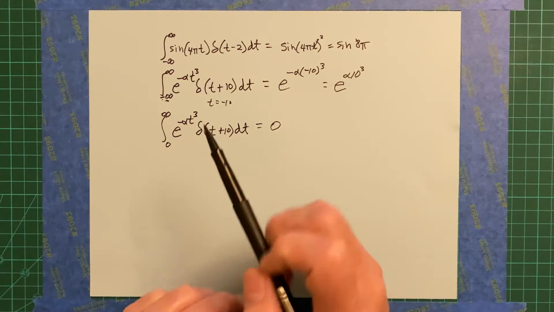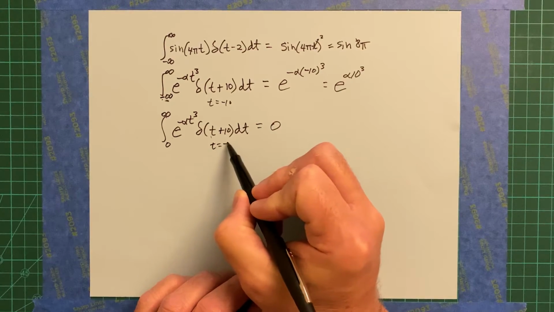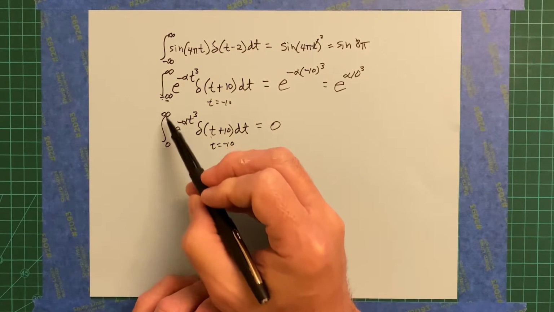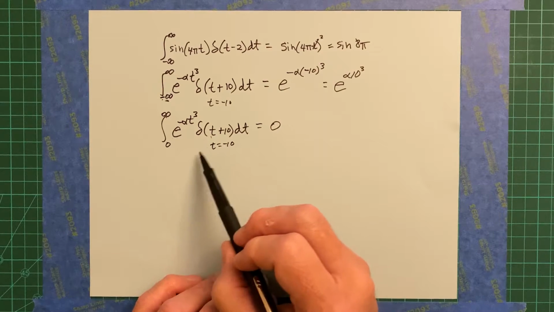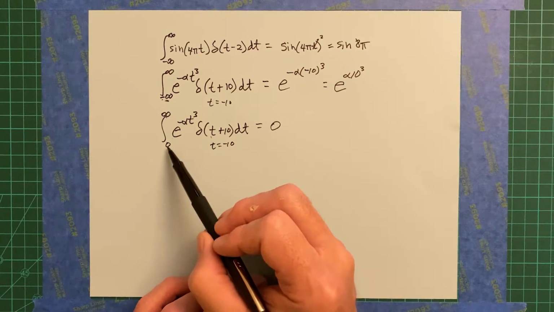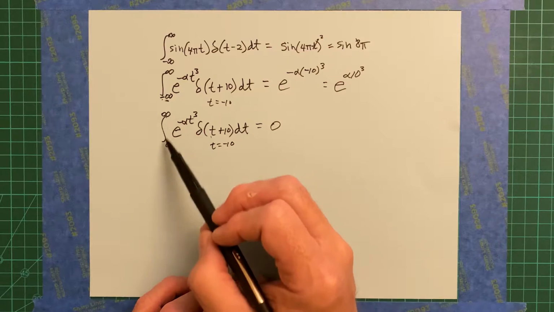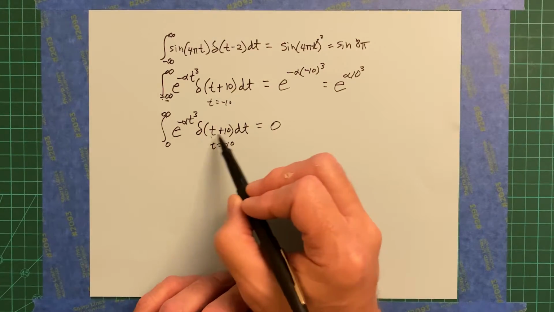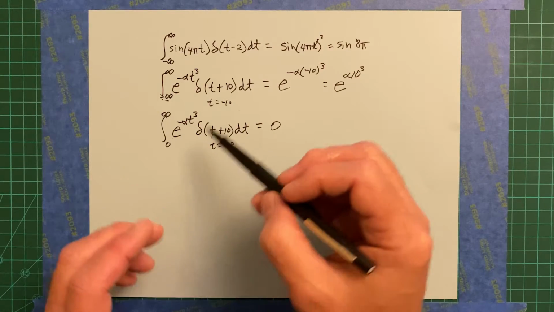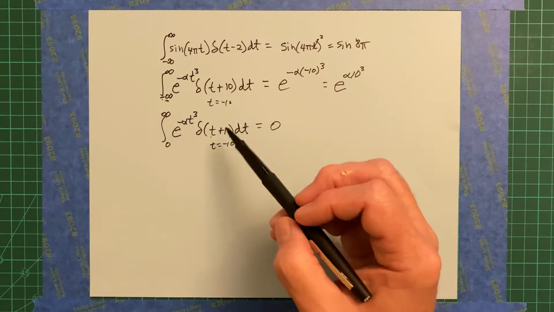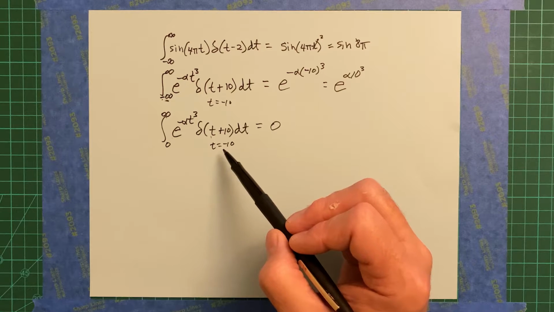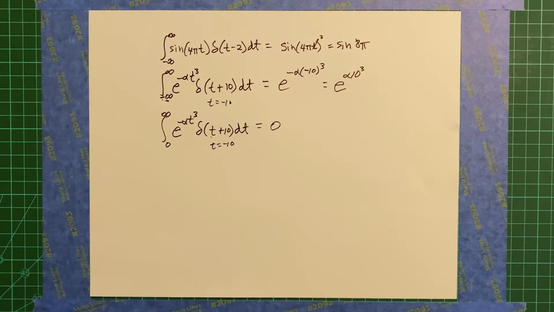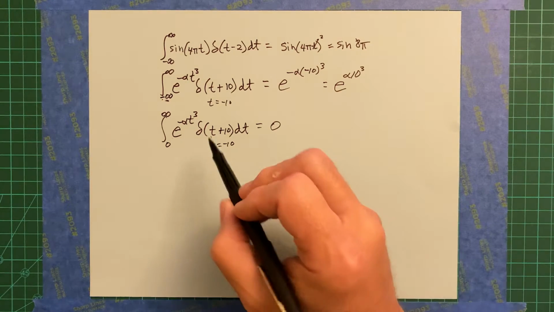It's because at t equals negative 10, that's outside the limits. Negative 10 is 10 past where 0 starts. So it's not going to work. It's going to be 0 because the delta only occurs at one point, and that one point is at t equals negative 10. Okay, or I shouldn't say it's defined at one point.